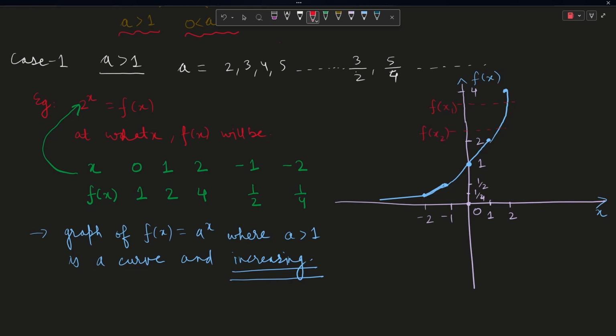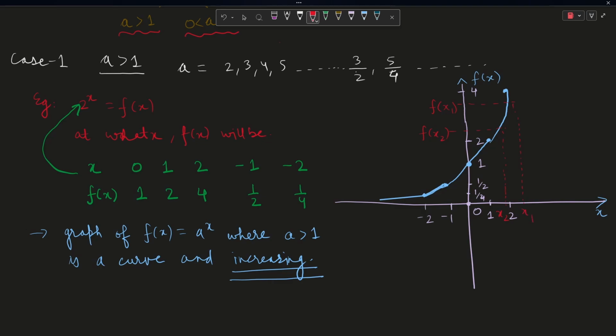For corresponding f of x2, there is a point somewhere around here, let's say x2, and for corresponding f of x1 there must be a point which will be x1.